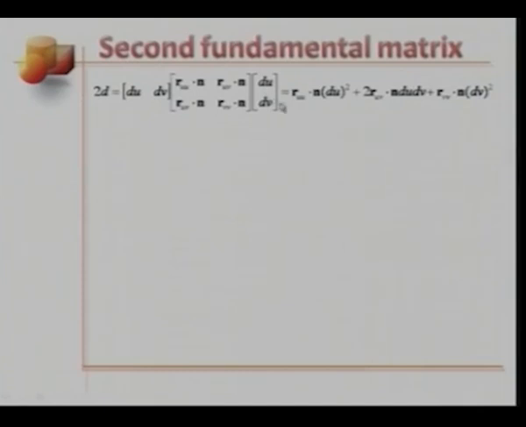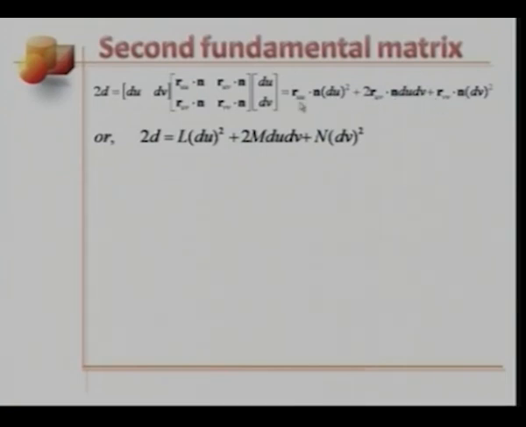In algebraic form, this is r uu dotted with n du squared plus 2 r uv dotted with n du dv plus r vv dotted with n dv squared. Let's give some names to these dot products.